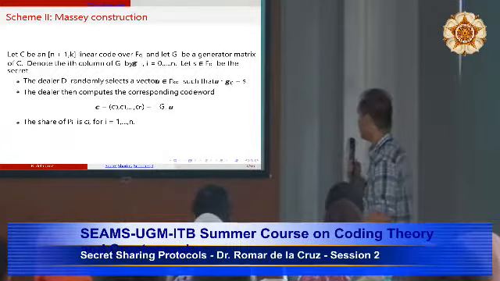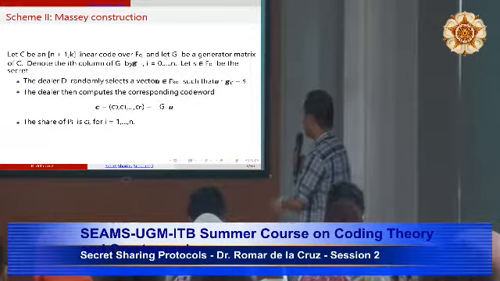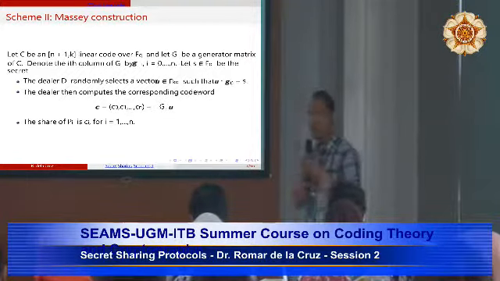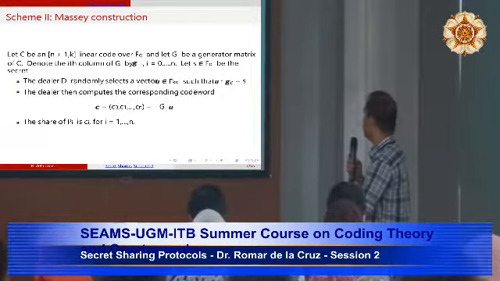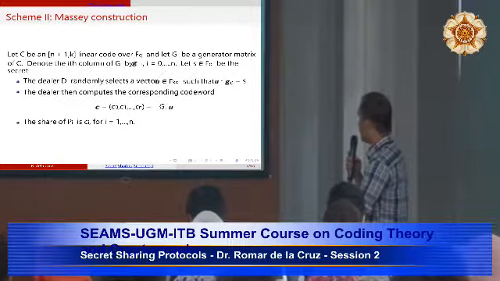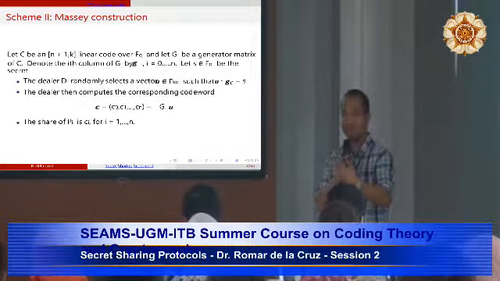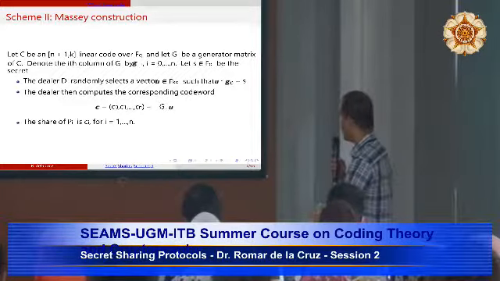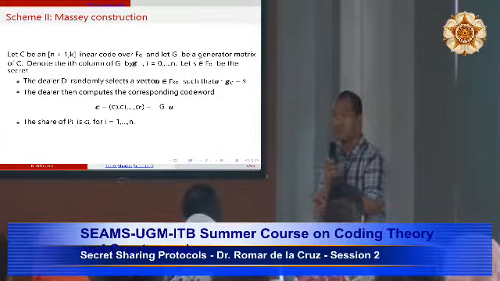That's the property. And then using that information vector, we compute again the corresponding code word. Now, if you look at the code word, the first coordinate is the secret, and the other coordinates will be the shares of the participants.